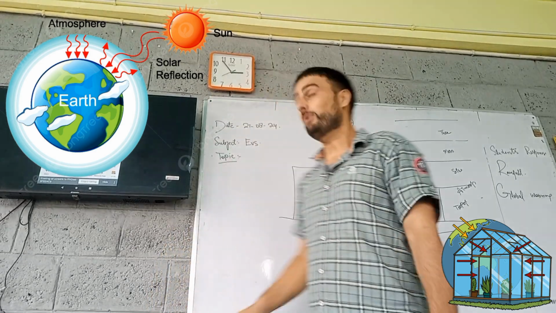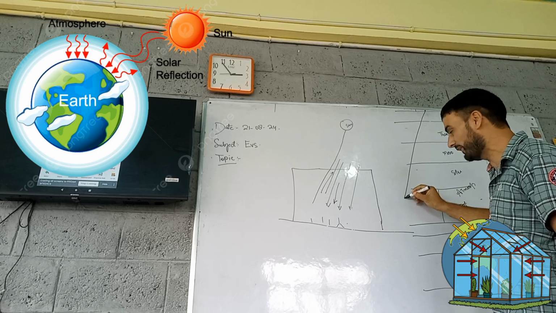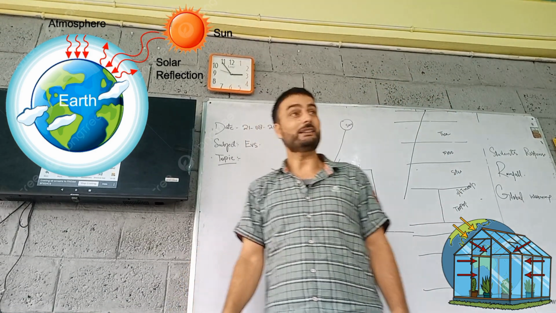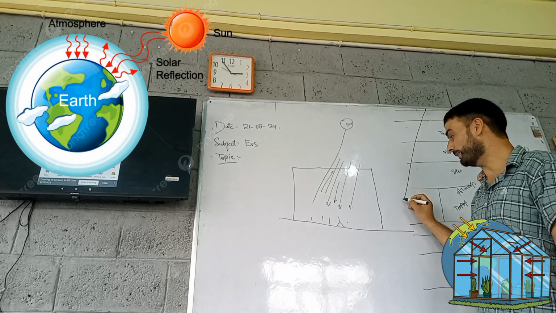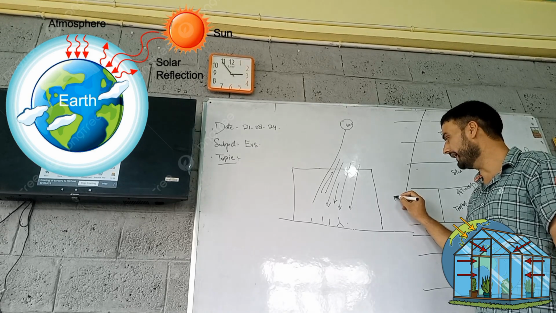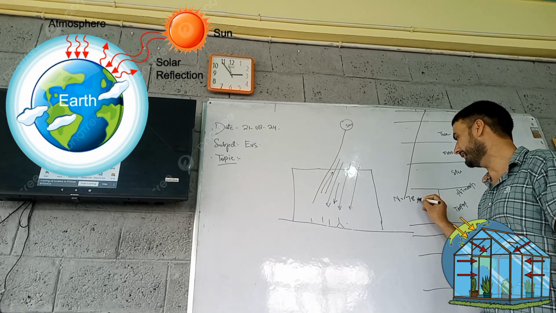My dears, when the sun emits rays, these sun rays reach our atmosphere, here in the troposphere. In our troposphere there is air, which means a mixture of gases. Nitrogen is present at 78%.